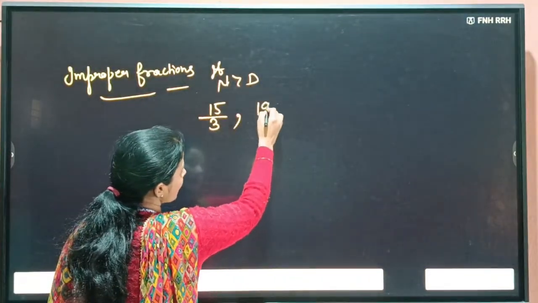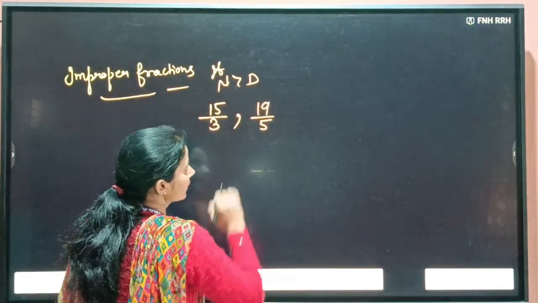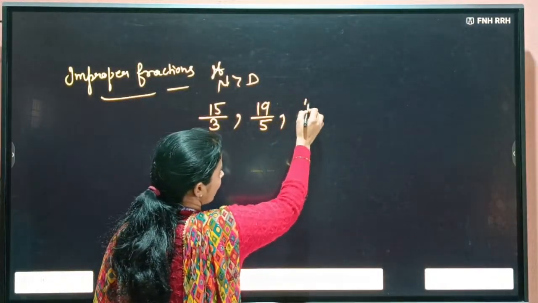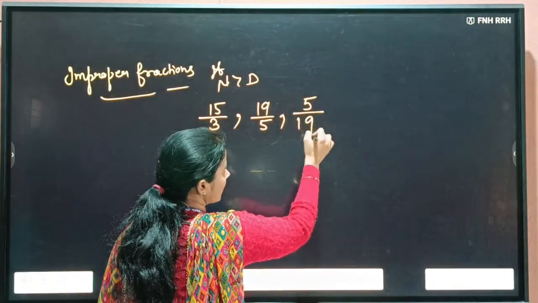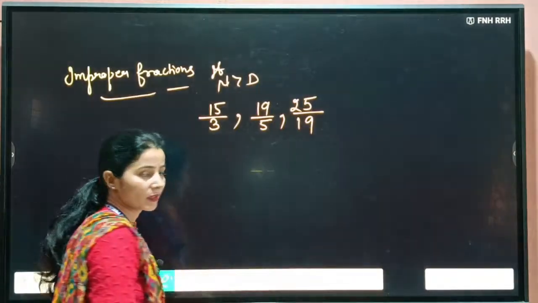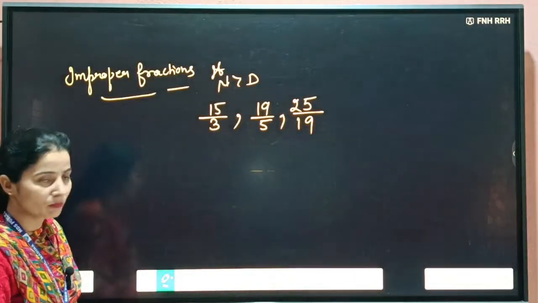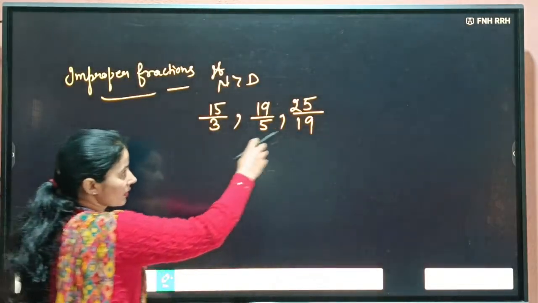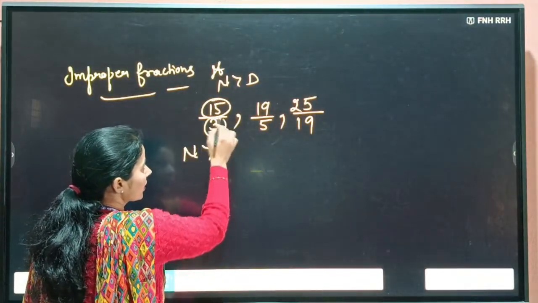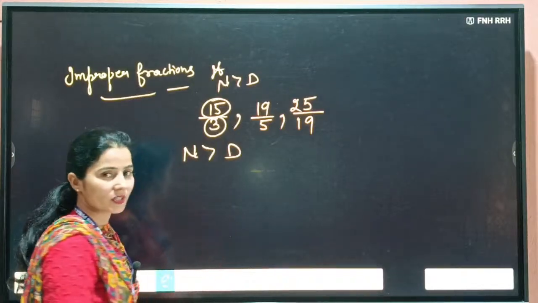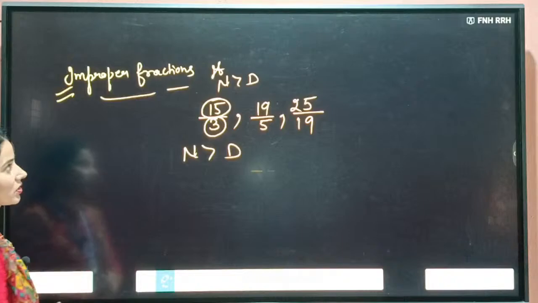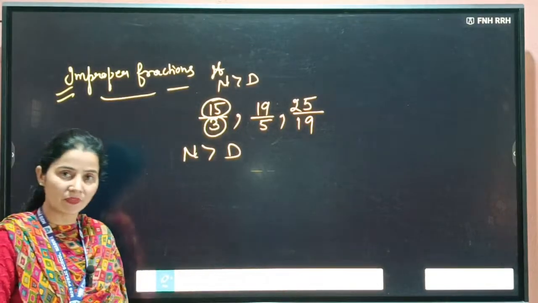It is 19 by 5, this is also an improper fraction. Next, 25 by 19, this is also an improper fraction. From these examples you can see your numerator is greater than your denominator. Then this fraction is called an improper fraction.